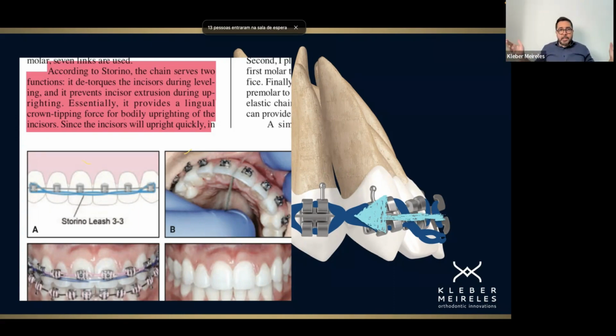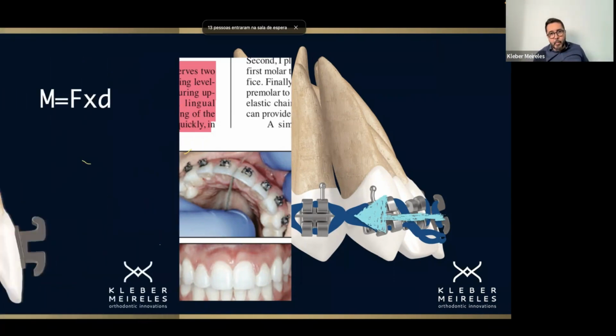It's not possible to happen in a different way, okay? So essentially, it provides a lingual crown tipping force for bodily uprighting of incisors. It's impossible, okay?